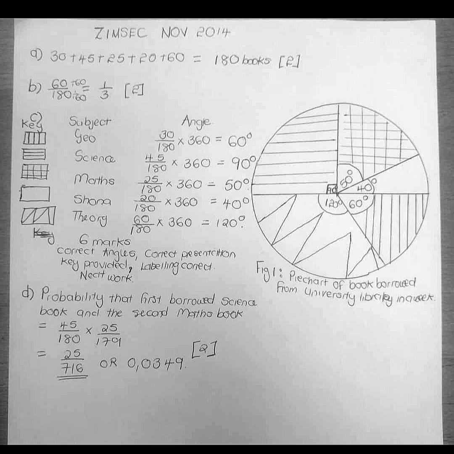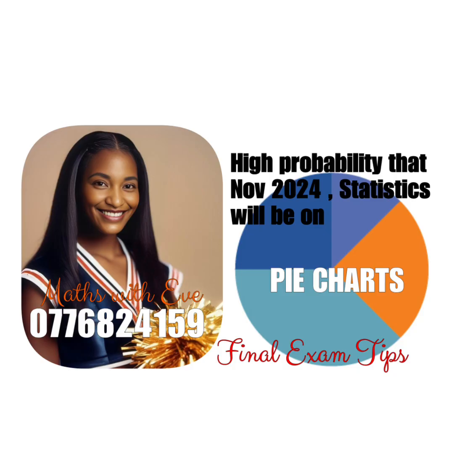But the denominator is going to change since the total is going to be affected by selection of the first student. So we are going to say 45 over 180 times 25 over 179. We are going to obtain our answer as 25 over 716, or we are going to write it as a decimal. It is going to be 0.0349. So that was all about statistics in November 2014.